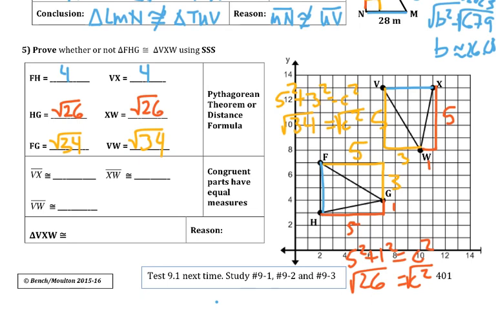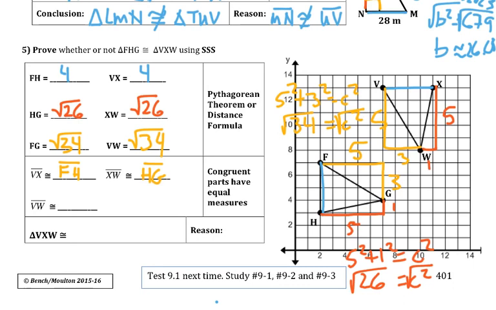Now, notice that we have the same lengths here. So we know that the segment VX is congruent to the segment FH. And we know that the segment XW is congruent to the segment HG.